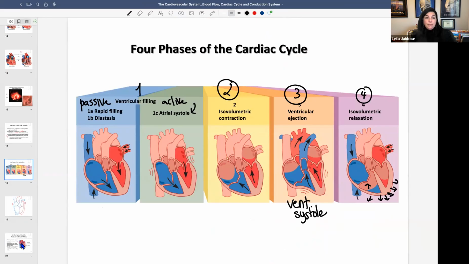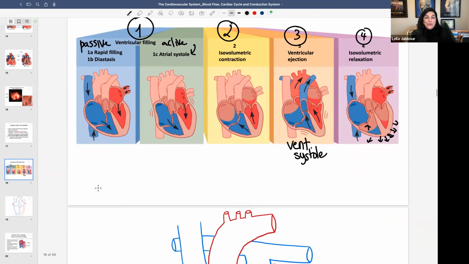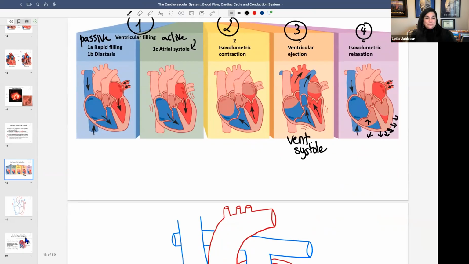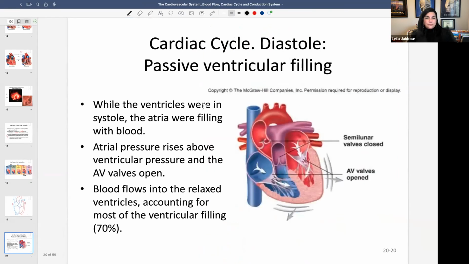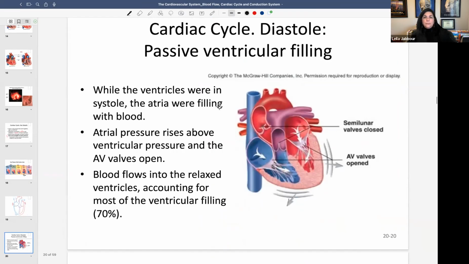I'm going to look at number 1 first, then number 2, number 3, number 4, the phases of the cardiac cycle. And I might be repeating myself on certain things because I kind of already mentioned all of the words. And I think this is just then the final summary here.